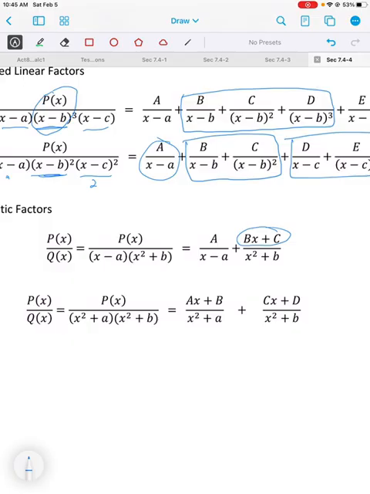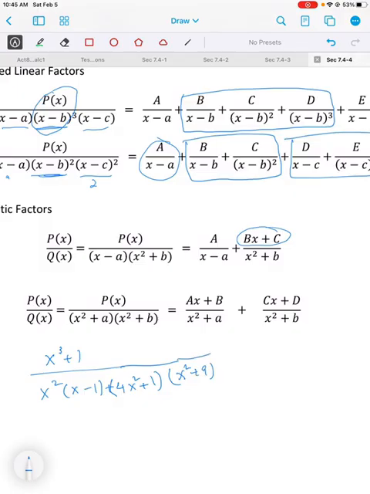Now if you have, for example, x cubed plus 1 over x squared times x minus 1 times 4x squared plus 1, and then maybe x squared plus 9.